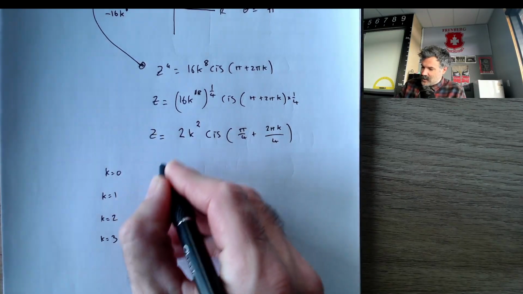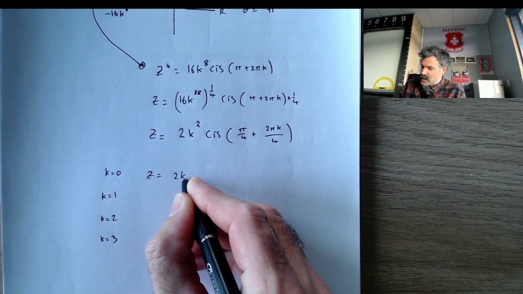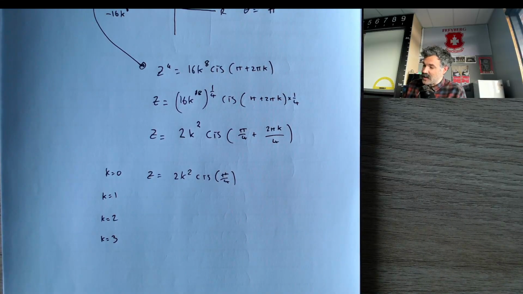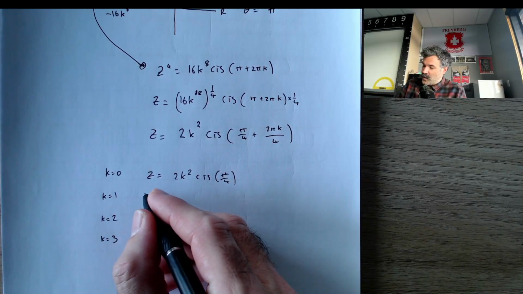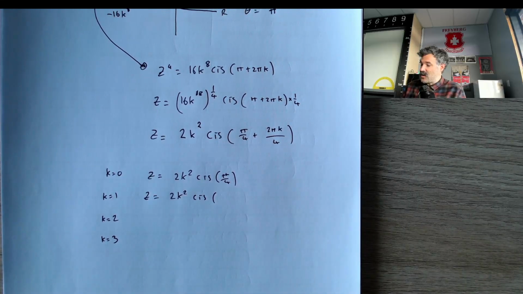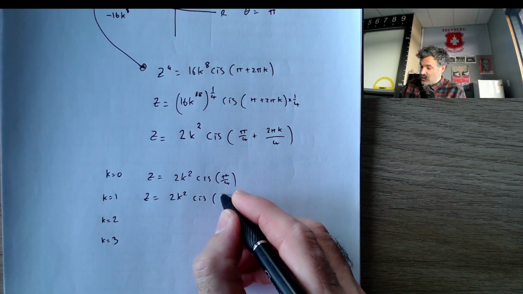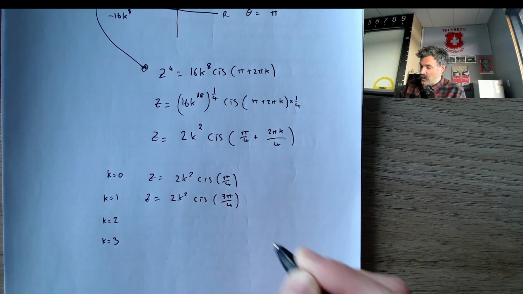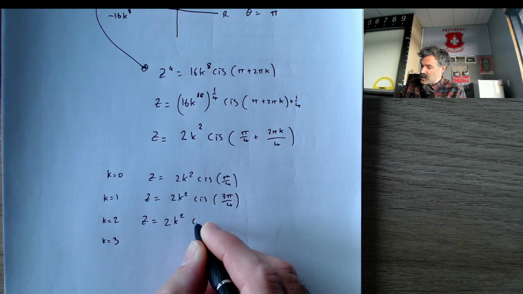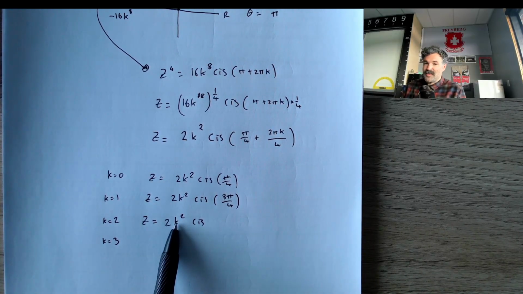Alright, here are my solutions, very quick. 2k squared cis of pi over 4, that's when k equals 0, I get none of that 2 pi over 4. When k equals 1, I get 2k squared cis of adding on another 2 pi over 4. That's going to be 3 pi over 4. When k equals 2, I've actually picked a really bad letter because it's nothing to do with this k.